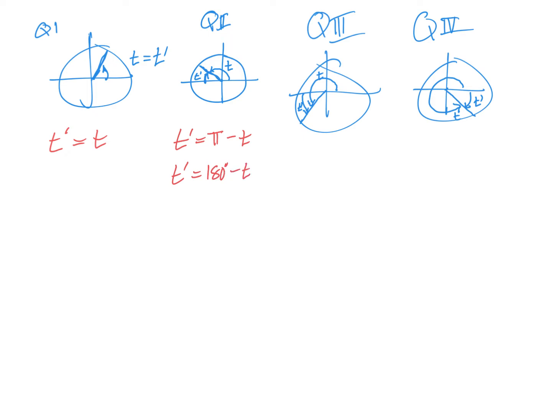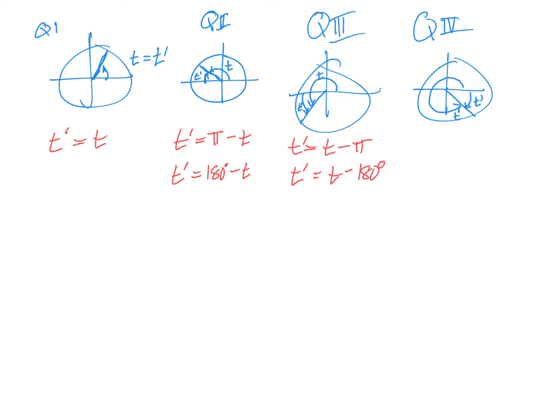In quadrant 3, we are past the horizontal over here, and so to figure out what this is we would subtract from that. So t prime, our reference angle, is going to be our angle t minus pi, or t minus 180 degrees.